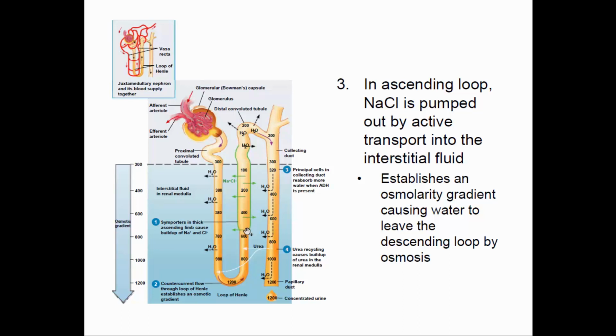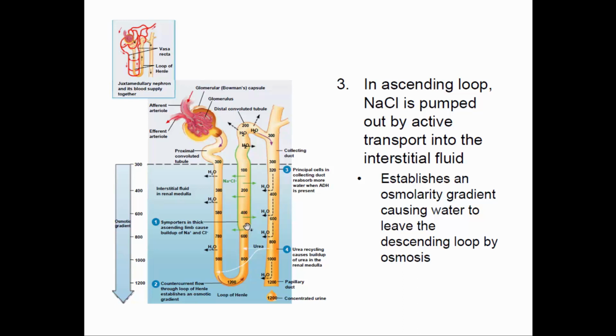Now think about that soup. We've decreased the volume of the soup, and now it's too salty. Let's pretend that we could reach in there and start pulling the salt out, but leaving the soup behind. You'd still have as much soup left, but there would be less salt in it. Obviously we can't do that, but that's what's happening here. We're actively pumping out the sodium chloride.